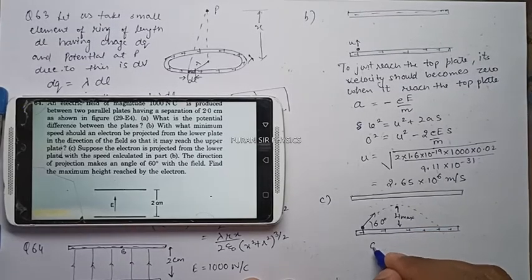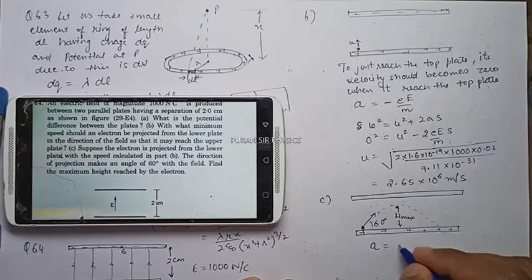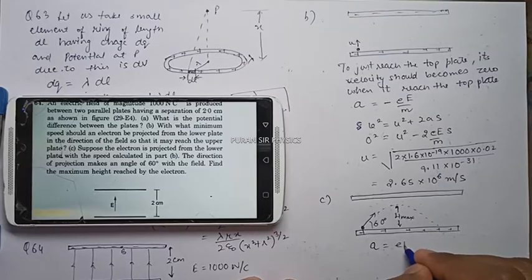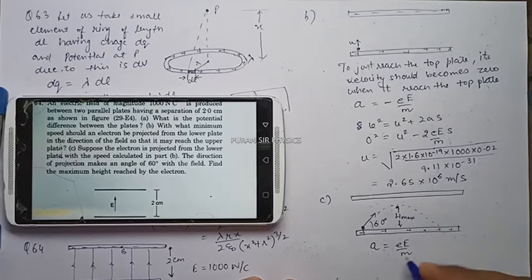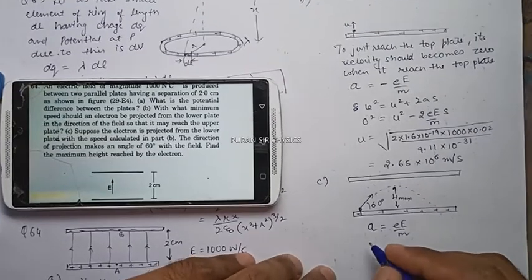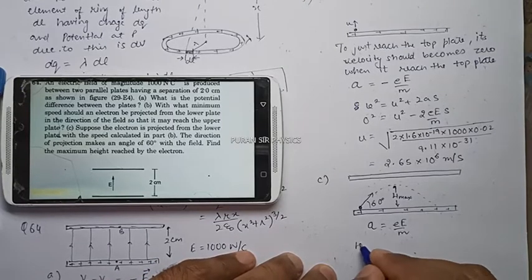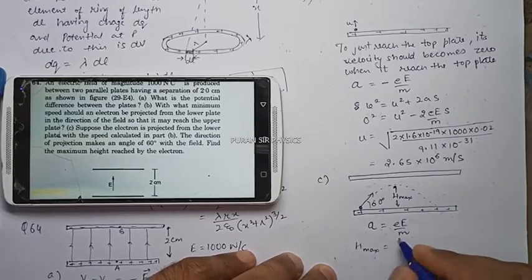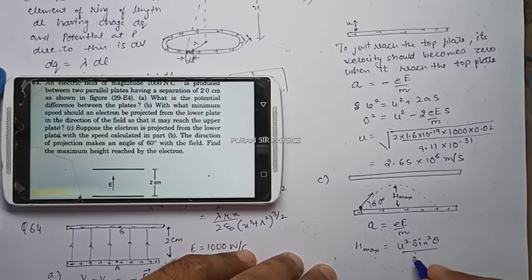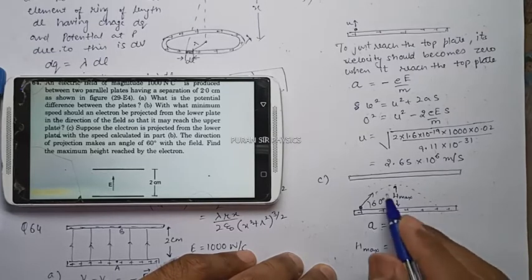So here the acceleration is your capital E by m, and in case of normal projectile motion the h max is u square sin square theta by 2a. So in this formula I have substituted g with this acceleration.